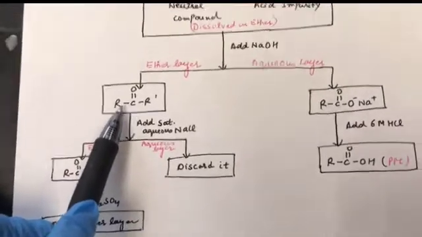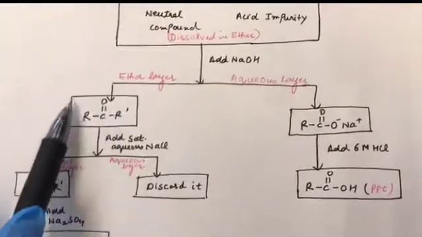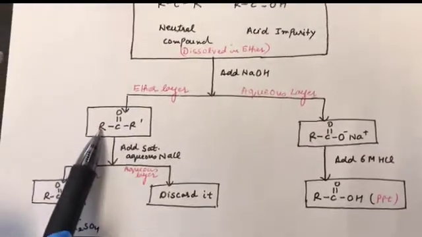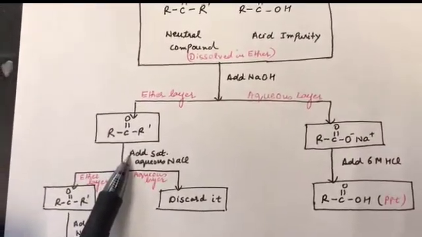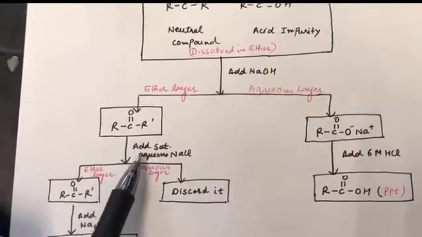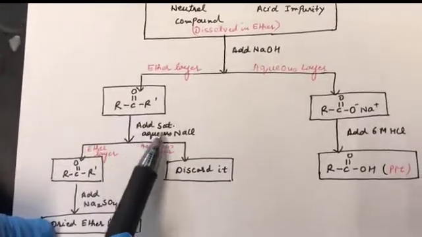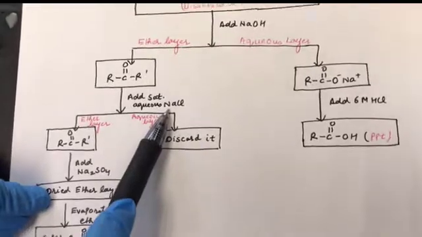Because at the end we need to just isolate our neutral compound. We do not need any water in it, right? So our purpose is to remove all the water from it. So that's why we are going to partition it with the saturated aqueous NaCl solution.